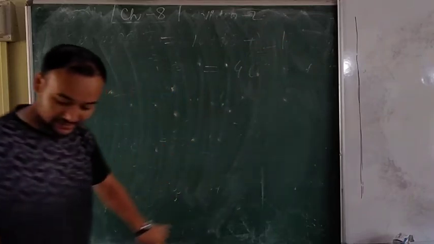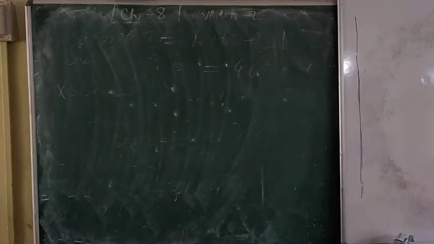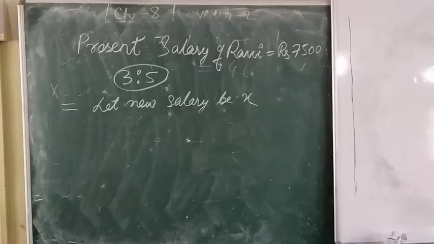Now his salary is increased. We don't know what amount. The question: the salary of Ravi is increased in ratio 3:5. His original salary was 7,500 rupees.